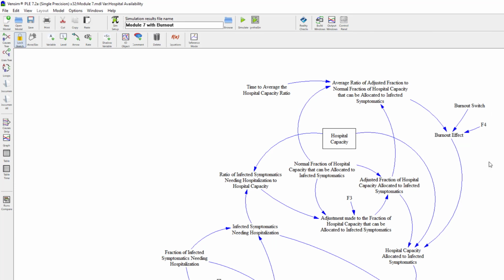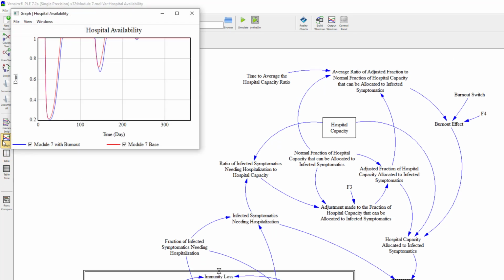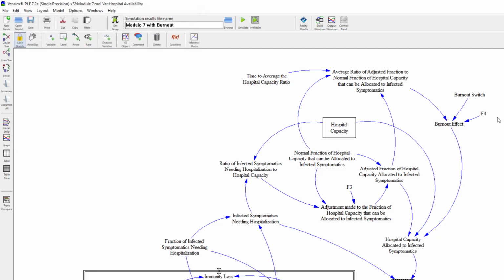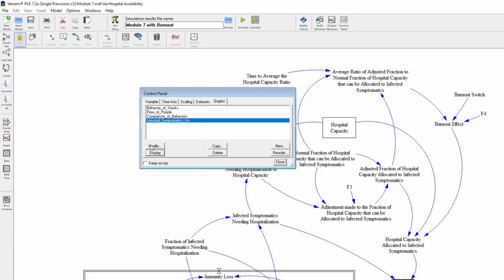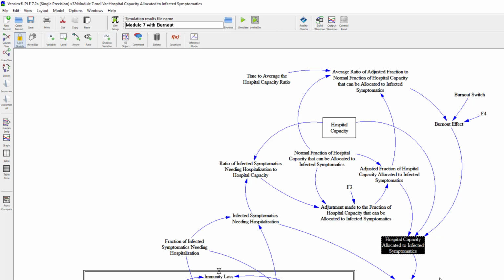And now if we go and check out the hospital availability, this is without the burnout, and this is with burnout. So it does have impact on the hospital availability. So with burnout effect, it kind of lowers the hospital availability, right? So that's what's going on.